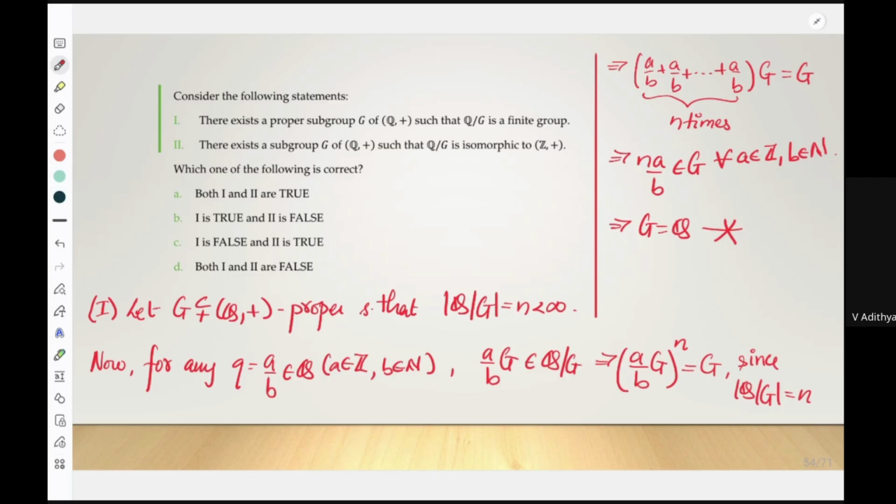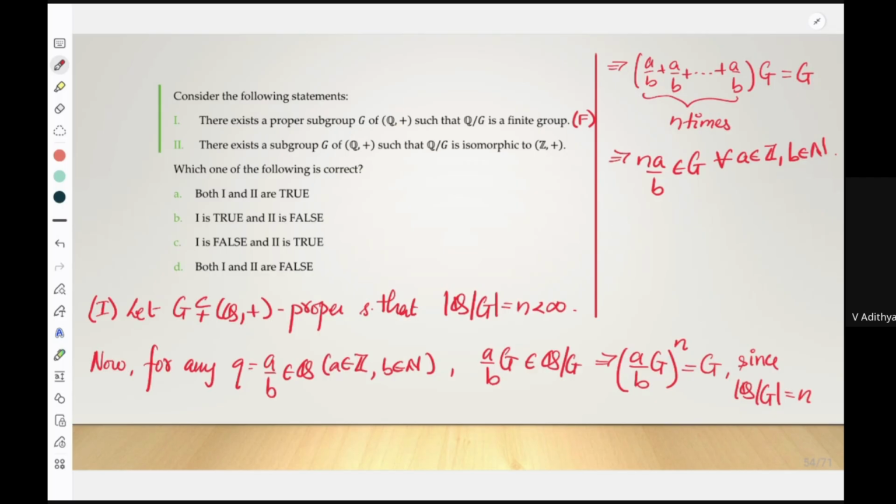Did everyone get this proof? No, sir. I'm not getting the line for any q equal to a by b. Till here you got it? Yes.